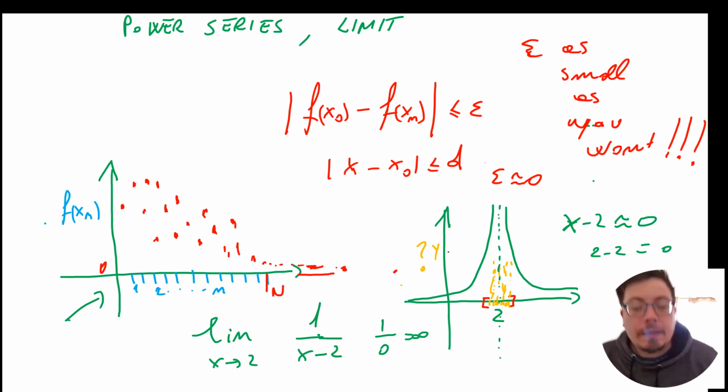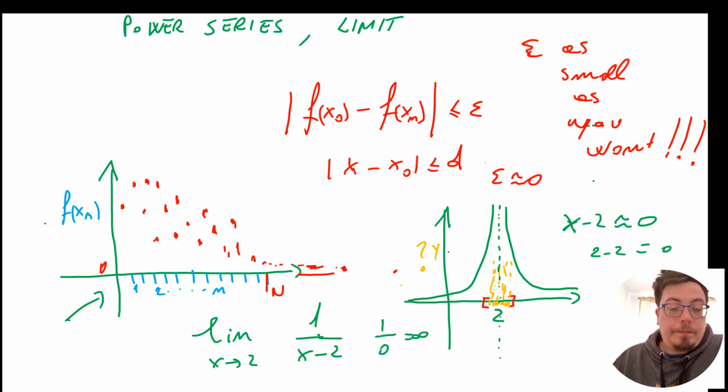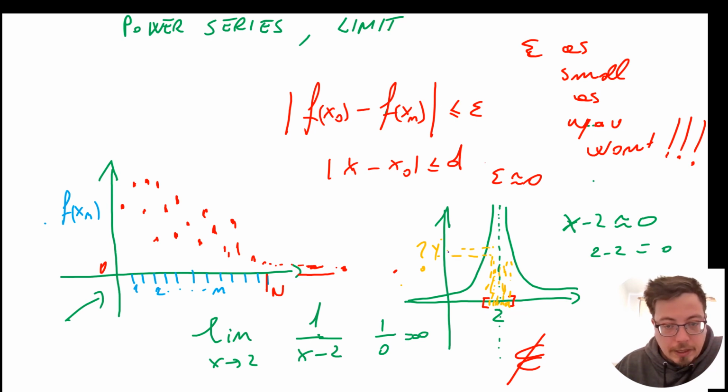In that sense, you cannot find an epsilon. In this case, there is no epsilon for which the difference of your function minus the points that you are drawing in orange here, the points that you choose, is small.